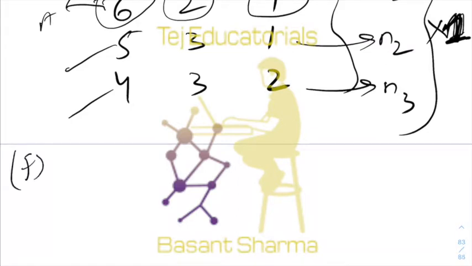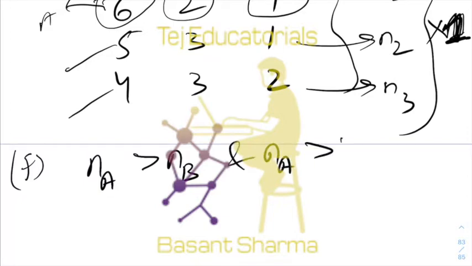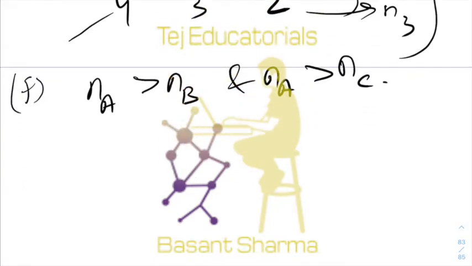Now if I say the number of objects given to A must be greater than the number of objects given to B, and the number of objects given to A must be greater than the number of objects given to C. Suppose this is the condition. Then again form possible cases.